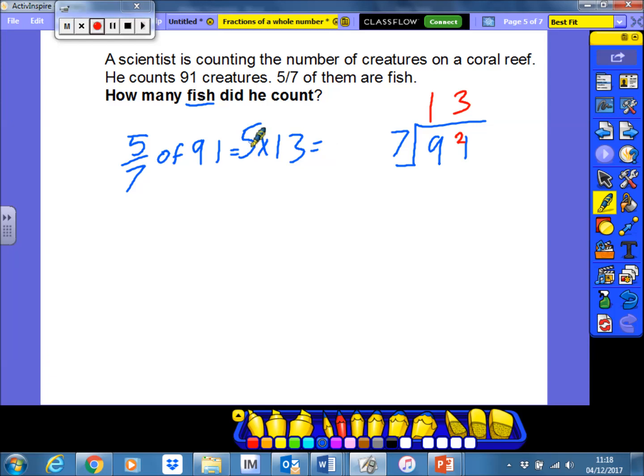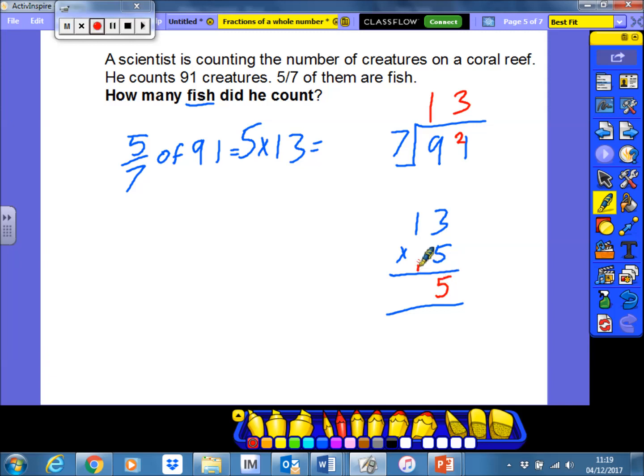So I will need to do 5 times 13. And for that, again, I'm going to have to do another sum. I'm going to have to do a formal multiplication sum. So I'm going to do 13 times 5. I'll do my working in a different colour again, just to make it clear. So 5 times 3, that is 15. 15 is made up of 5 units and a 10.